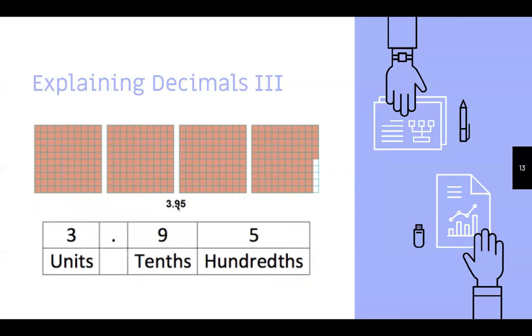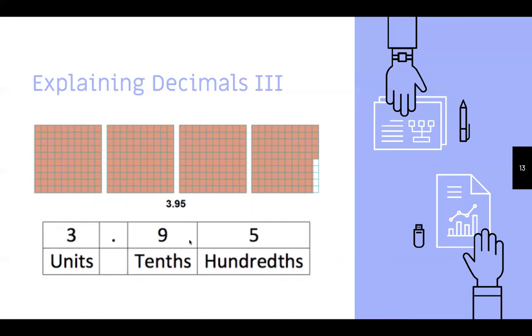But then we also have the 0.05, that 5 at the end of 3.95. What we have to do is shade 5 extra squares. So that's 3.95. It's so important that you can visually see that we have 3 whole squares plus 95 extra tiny squares, so 395 shaded squares out of 400 possible squares.